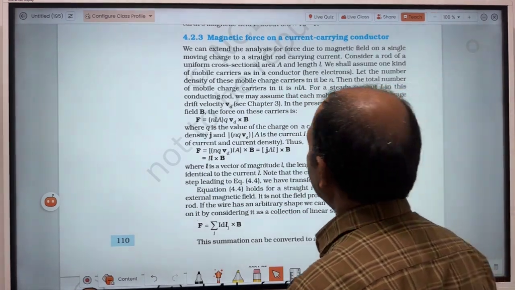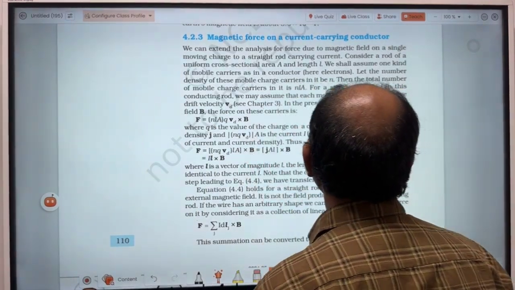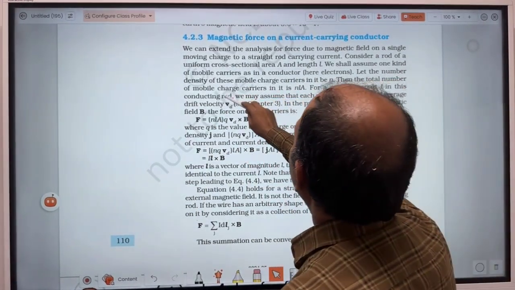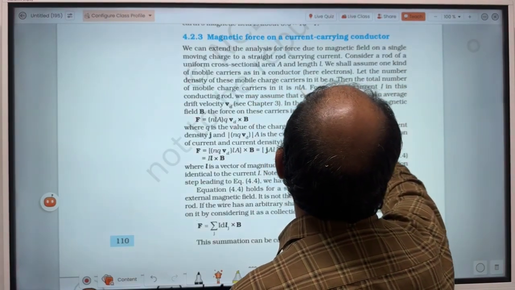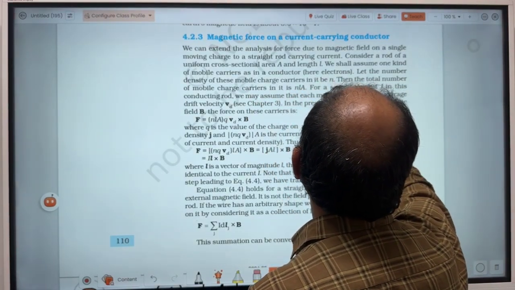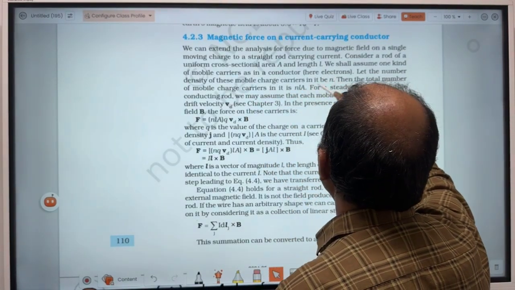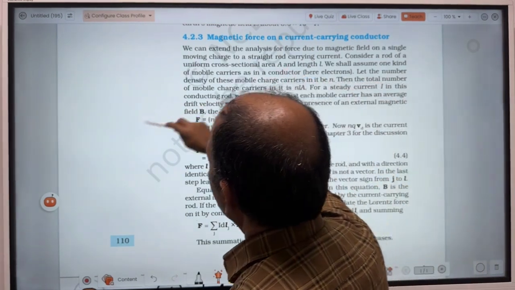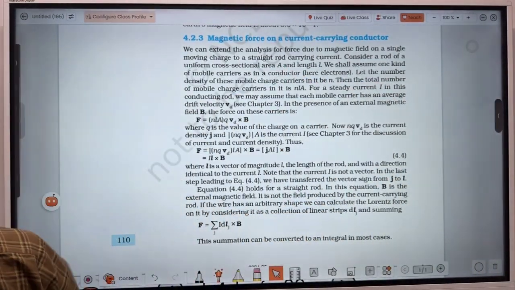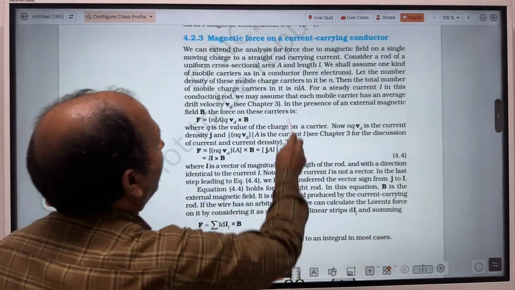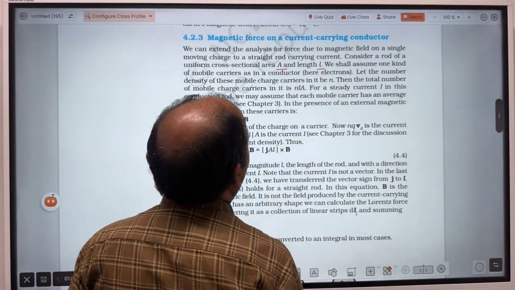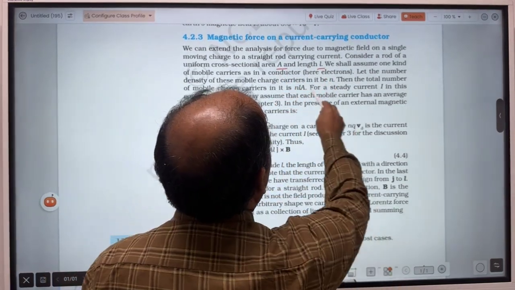We have already studied number charge density. Then the total number of mobile charge carriers will be, here n is the number of electrons per unit volume, and we are taking area as A, length as L, so volume will be A into L, and here number density is n.